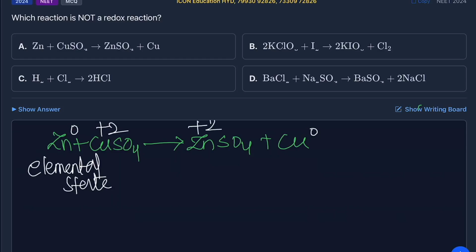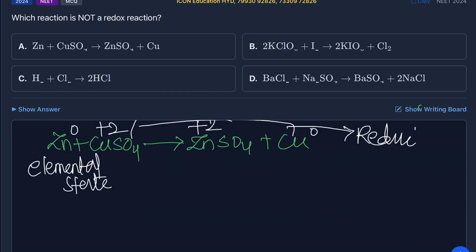So what I said: in a redox reaction, oxidation and reduction take place simultaneously. So from CuSO4 to Cu, what is happening? A decrease in the oxidation state is called reduction. Plus 2 to 0 is called the reduction.